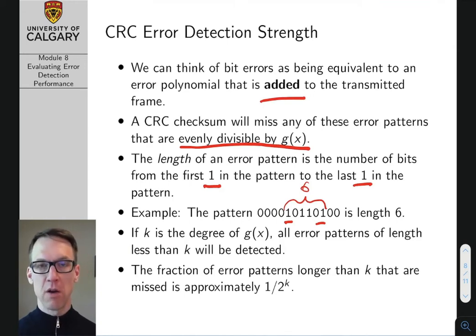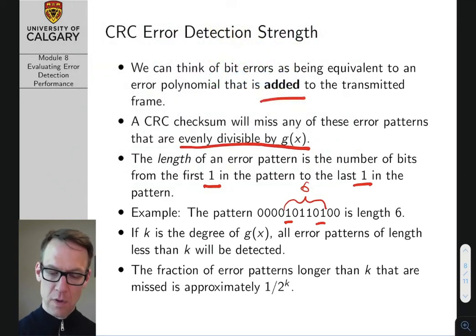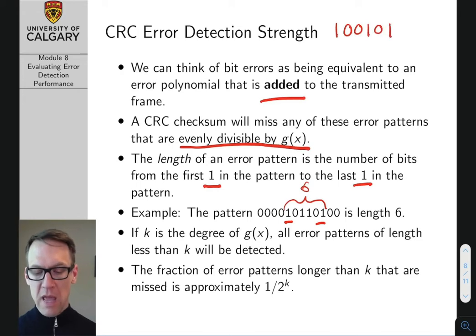And so if we think about our previous module, we had a generator polynomial of 1, 0, 0, 1, 0, 1. And we did our long division until we got a bit sequence that was shorter than the generator polynomial, and then we had to stop.